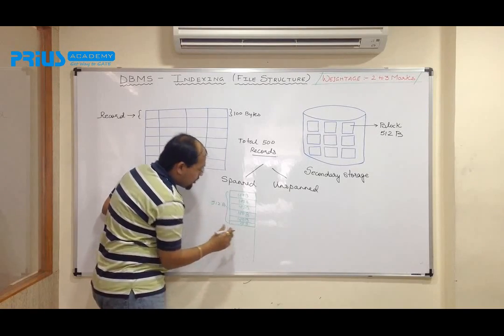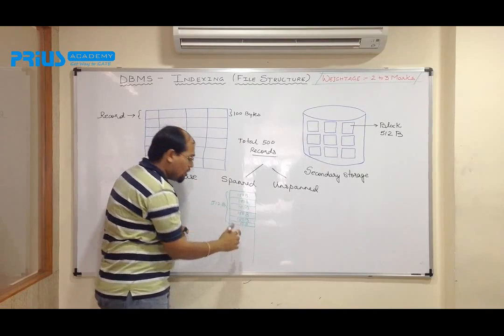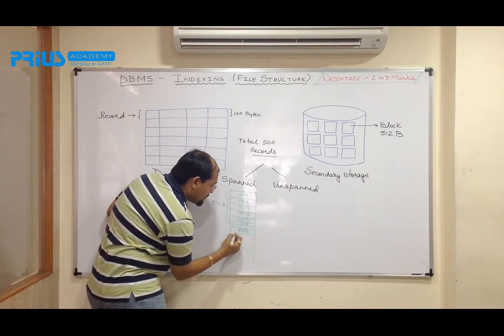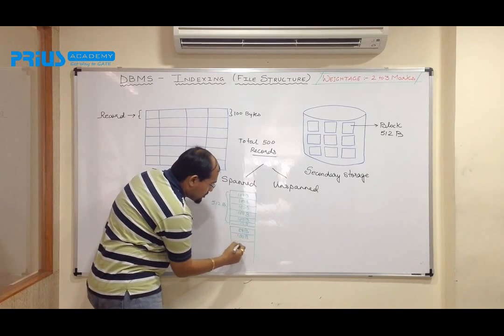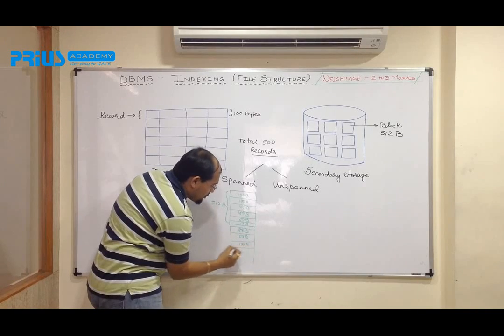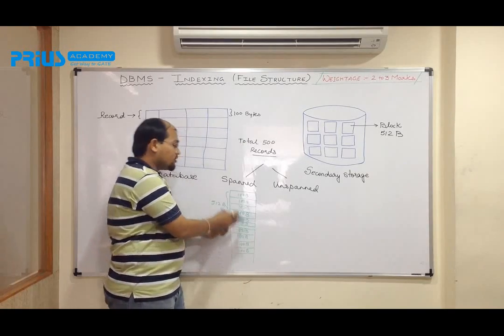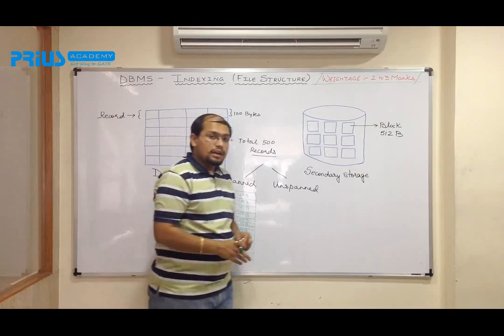In your second block, one record requires 100 bytes, 12 bytes are already consumed, so the remaining 88 bytes will be available over here. Then 100 byte, 100 byte, and so on. Again whatever space remains will be consumed to store part of one record, and then we move to the next block.